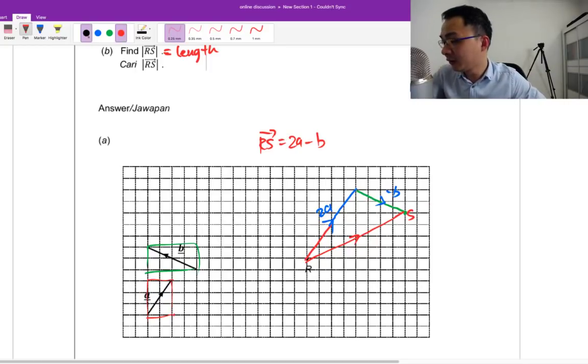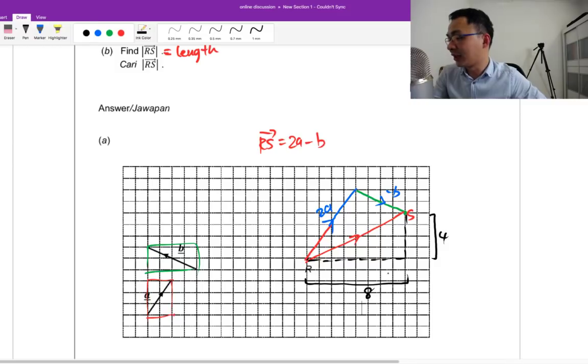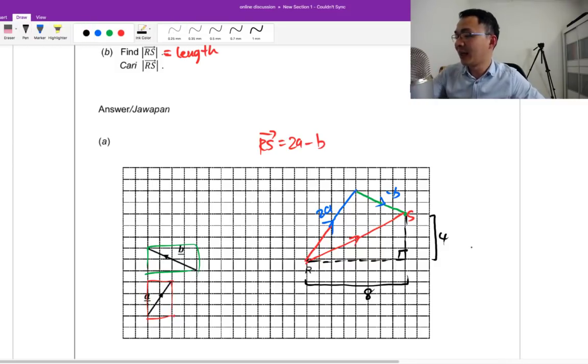From here to here is 1, 2, 3, 4 units. And then from here to here is 1, 2, 3, 4, 5, 6, 7, 8 units. So I just use Pythagoras to find my hypotenuse. Therefore my length is square root of 8 squared plus 4 squared, which is square root of 80.